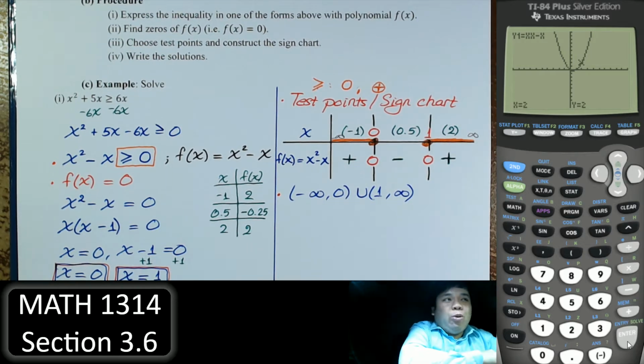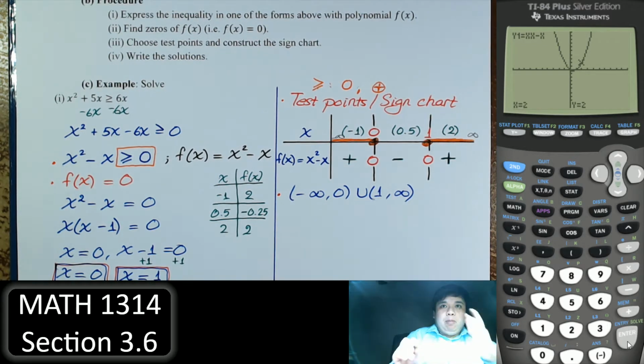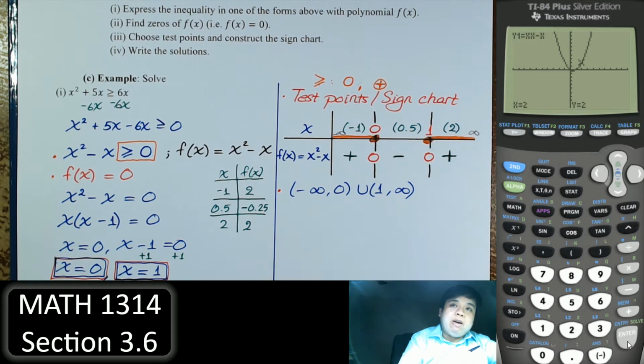Right. So once again, we have a polynomial function. A polynomial function is defined everywhere. So it is continuous and defined everywhere. So there are only 3 possibilities: equal to 0, greater than 0, or less than 0.